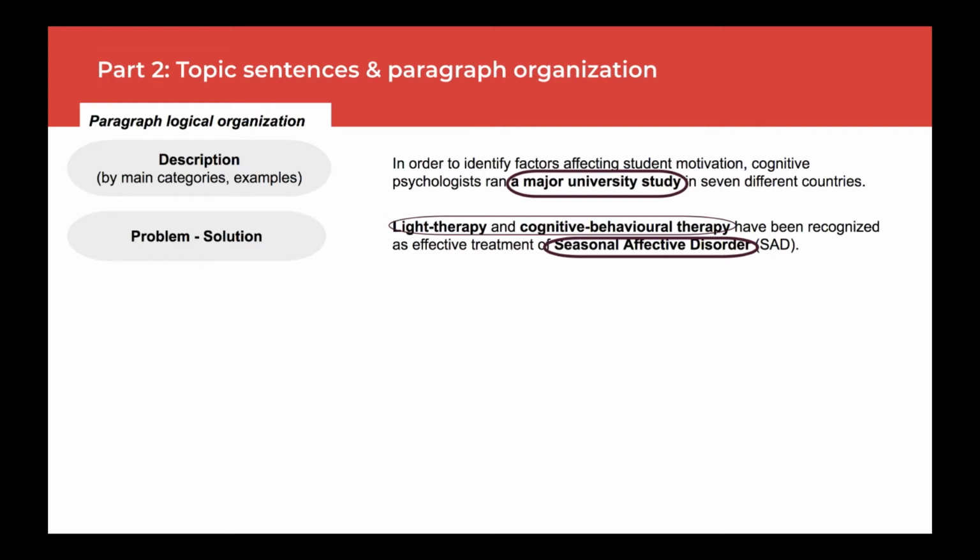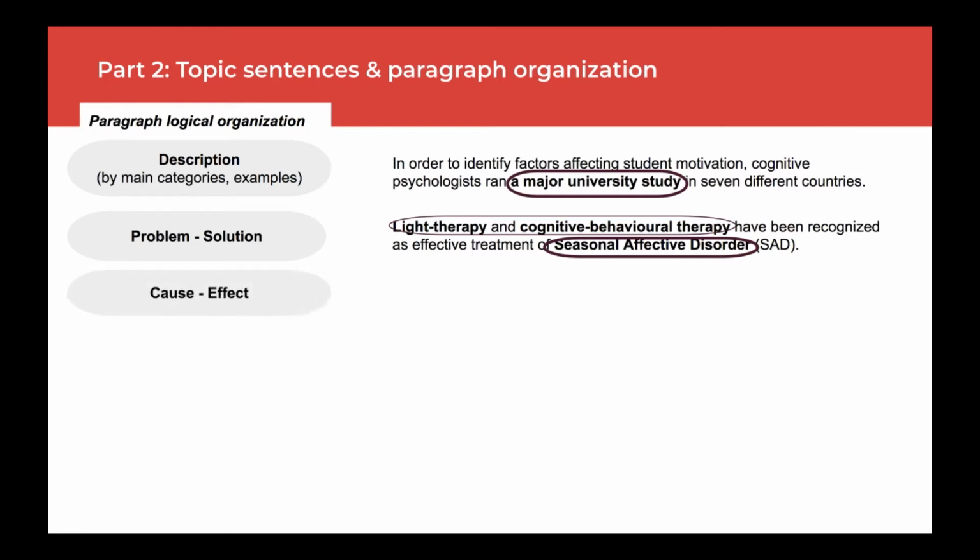We can see that it's a solution, even the wording suggests that. Therefore, its solution, light therapy, cognitive behavioral therapy, to solve a problem, seasonal affective disorder. We expect that the rest of the paragraph will explain how such therapies help in more detail.